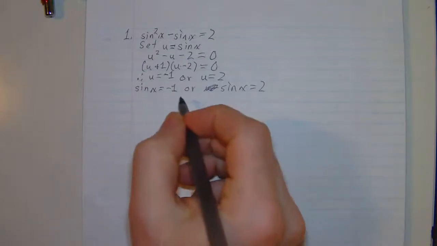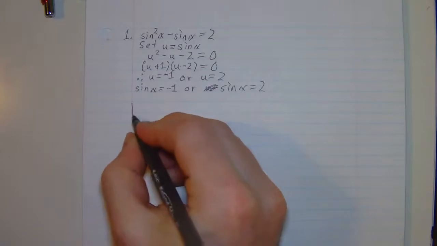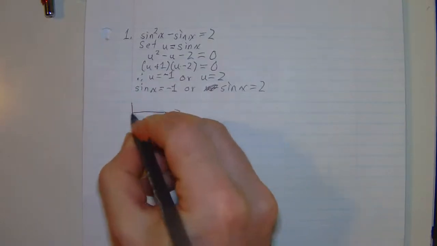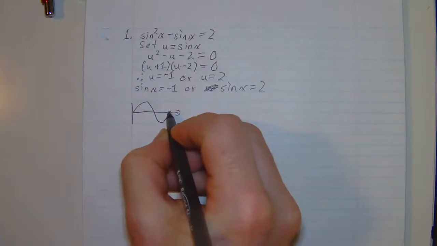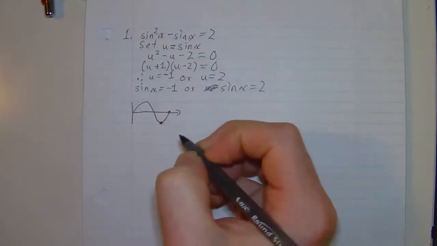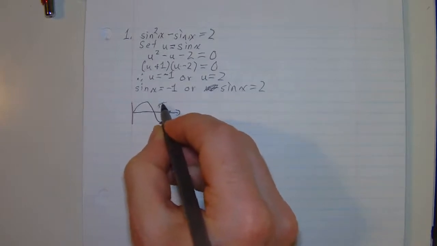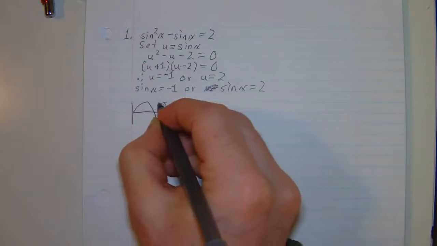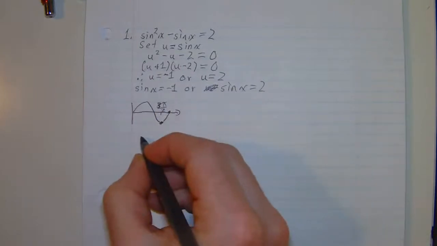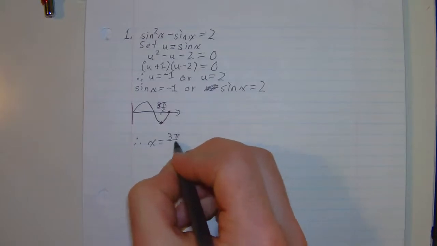So now we need to solve both of these. Well, pretty straightforward. We're just going to follow the steps that we did last lesson. So sine looks like this. It is equal to -1 down here at 3 pi by 2. And again, we're going to be doing these all in radians. So therefore, x equals 3 pi by 2.